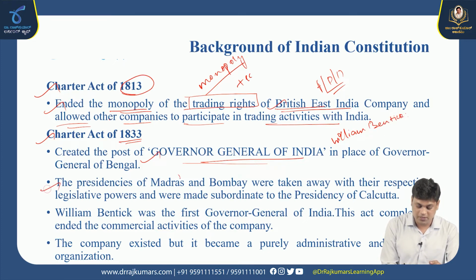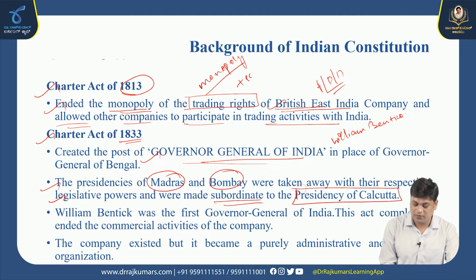And also the presidencies of Madras and Bombay were taken away, and their respective legislative powers were made subordinate to the presidency of Calcutta. Now there is no dependency of Bombay and Madras on Calcutta. All these 3 were separated and they got legislative powers as well. Legislative power means lawmaking.